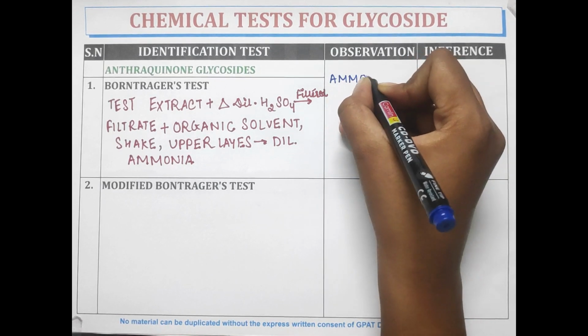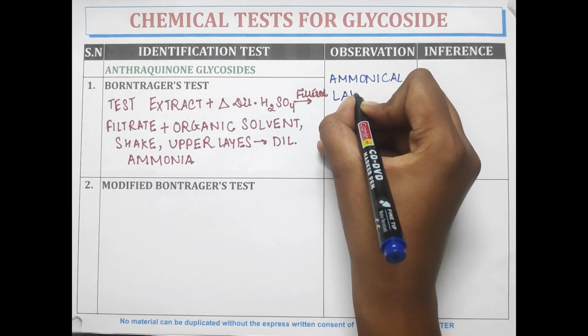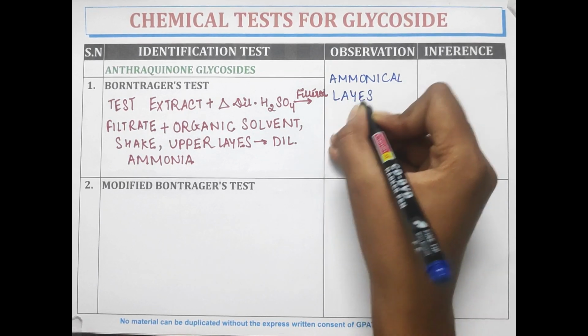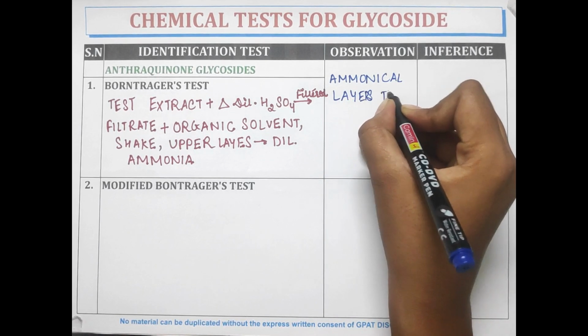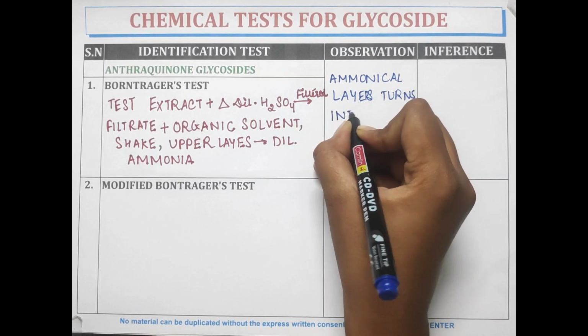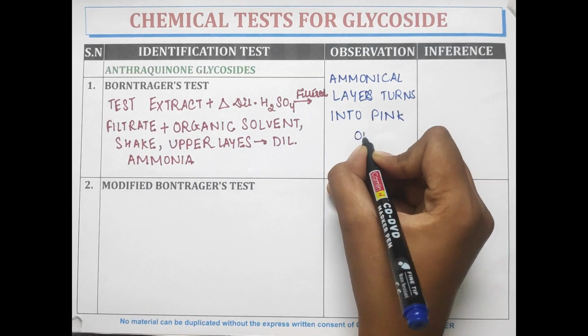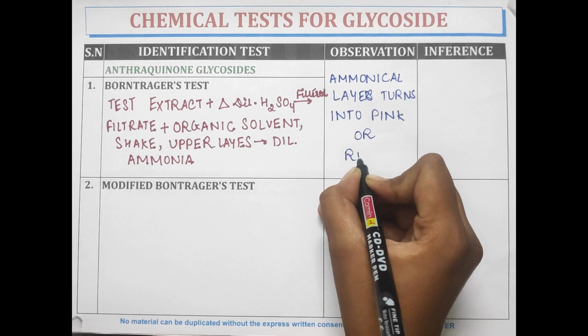Ammoniacal layer turns into pink or red.